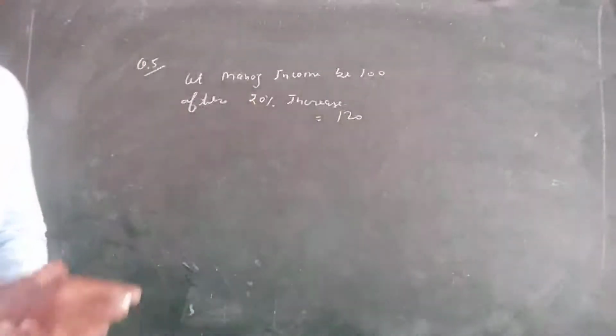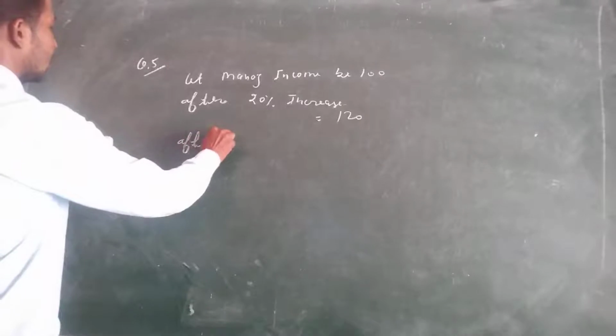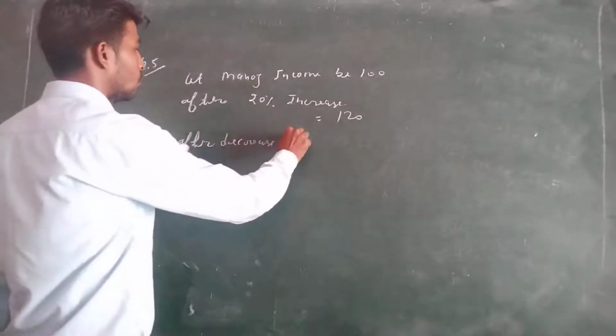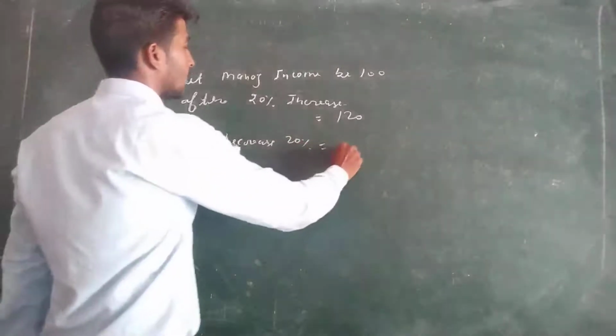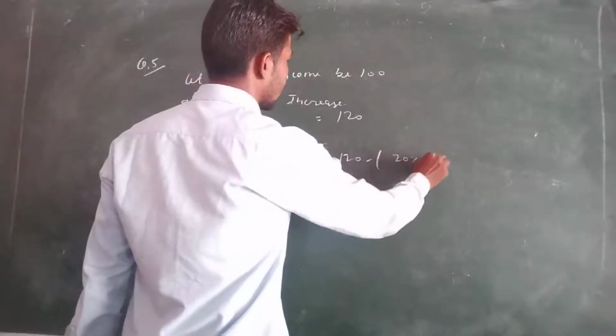Okay, so now after the decrease of 20%. So 120 minus 20% of 120.